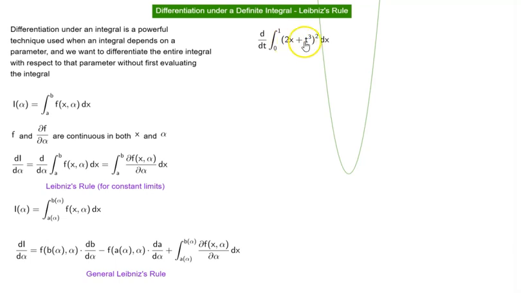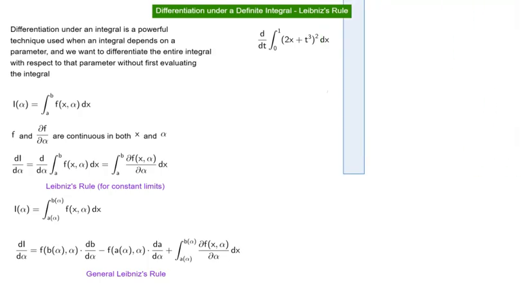Think of it like this. If t is equal to 0, it becomes 4x square, right? Which is a parabola. Here the limits are 0 and 1. So we are interested in the area under the curve from 0 to 1. Now, as the value of t changes, what will happen? The parabola shifts.